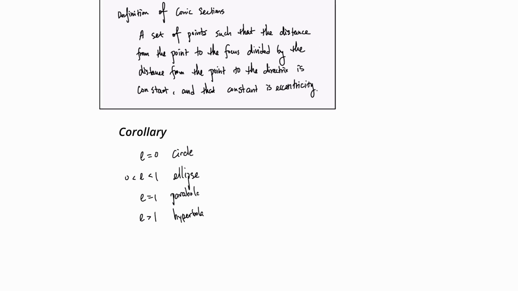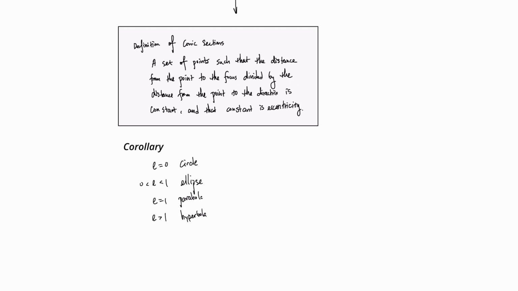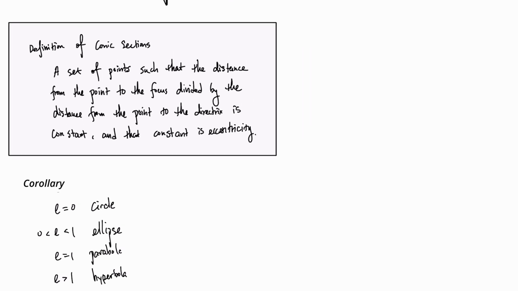Okay, that's very nice. So, how can we generalize this into an algebraic formula now? We want the algebraic formula. That's what we were here for. So, let's go back and take a look at how we can make this algebraic.